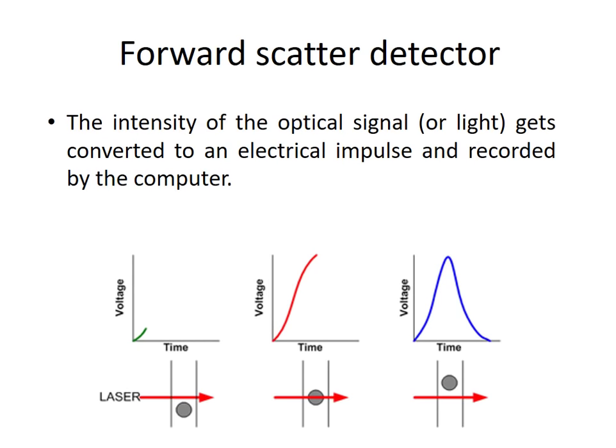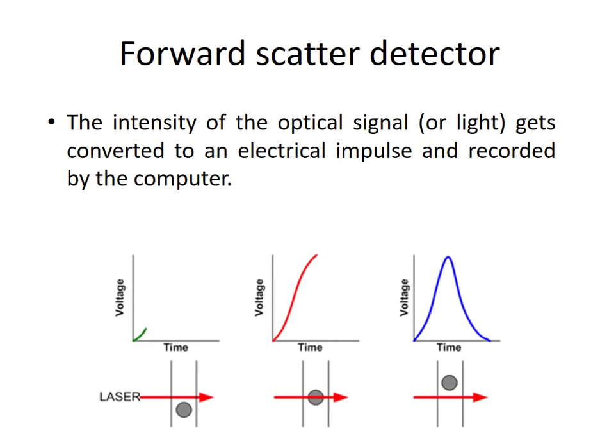Now, in terms of forward scatter, this is how it works. The intensity of the optical signal gets converted to electrical impulse and is recorded by the computer. So here's what happens when you don't have a cell going through the laser. The laser goes through, goes to the detector, and as you can see, you get no signal.